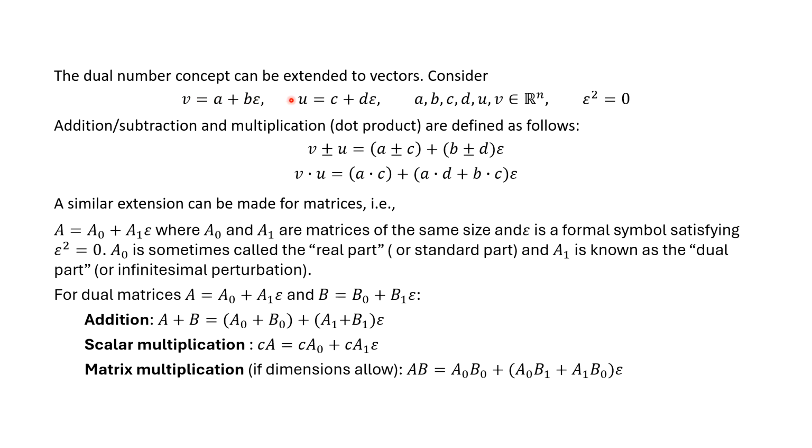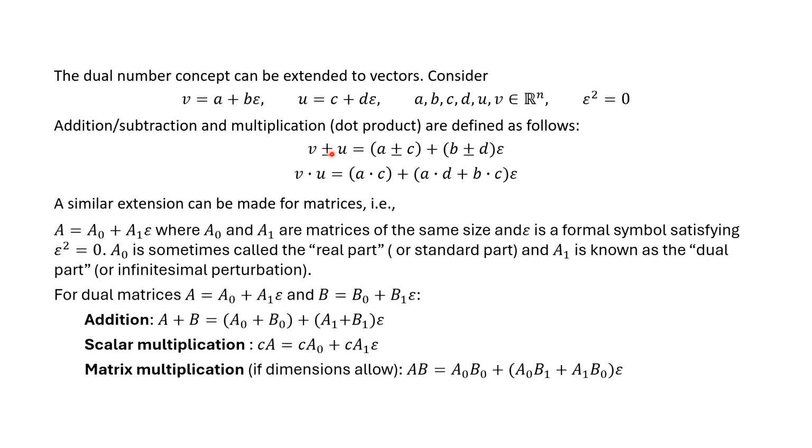So if we add u and v, or subtract, we just add what's called the real part, the first part here, and then we add or subtract the dual part. We get this here.